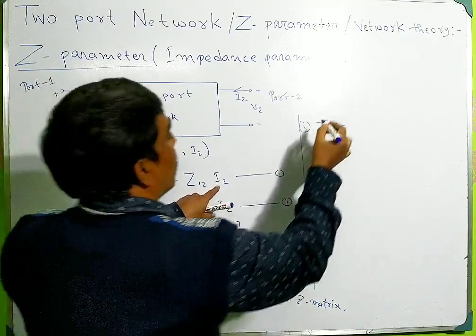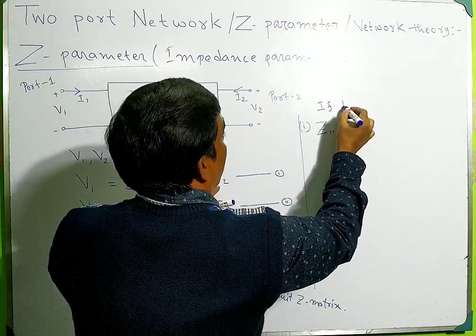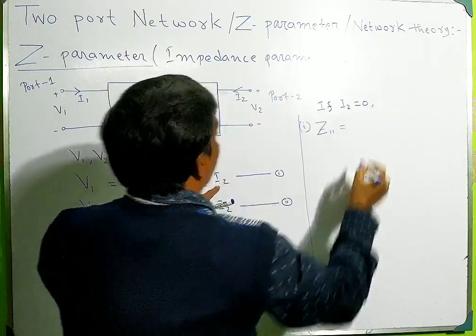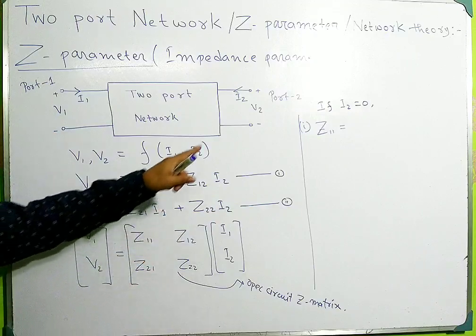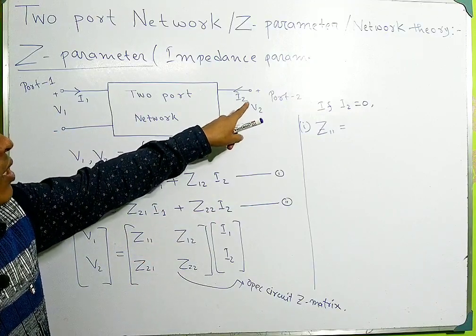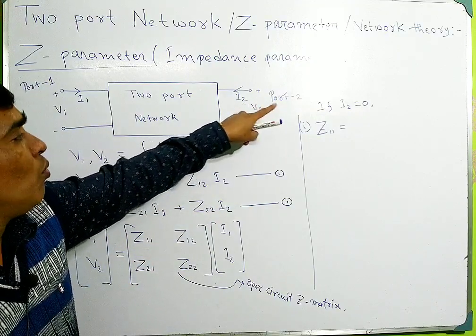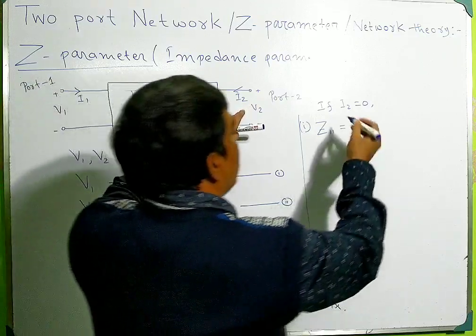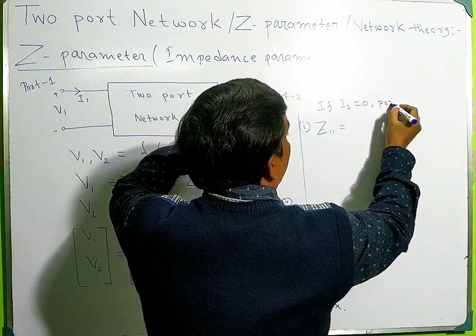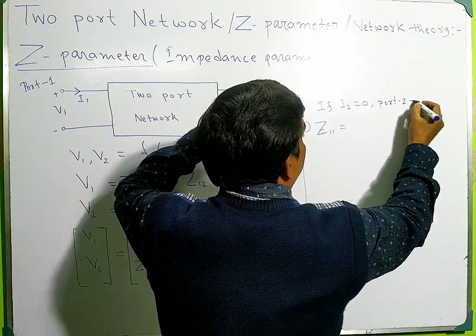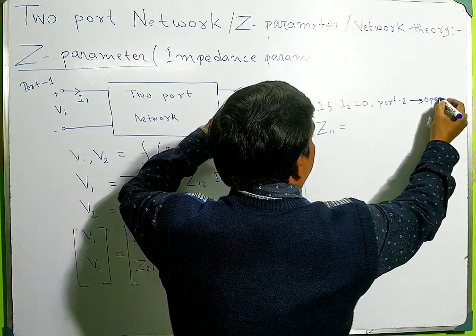So when this I2 is 0, port 2 must be open circuited.